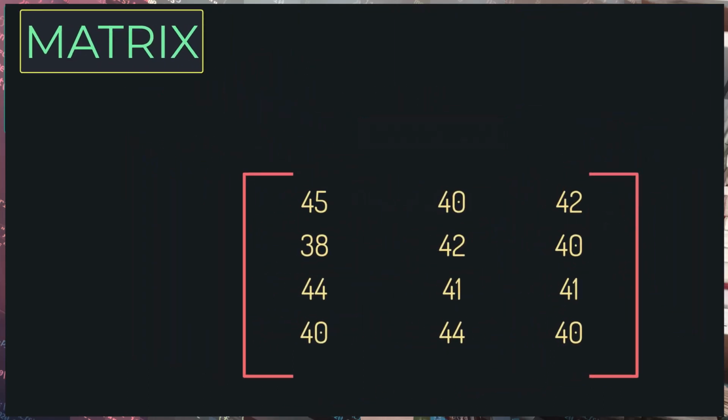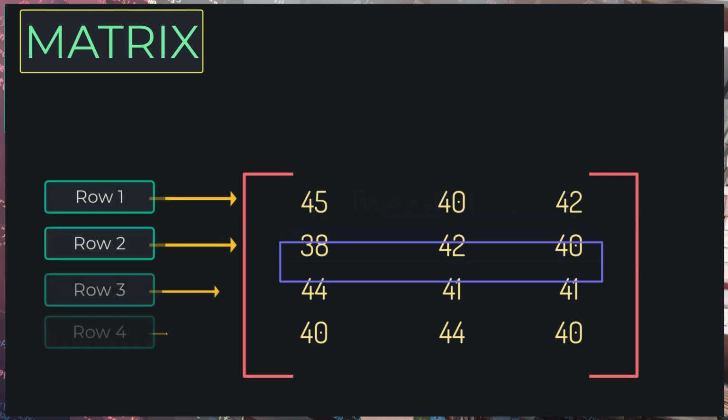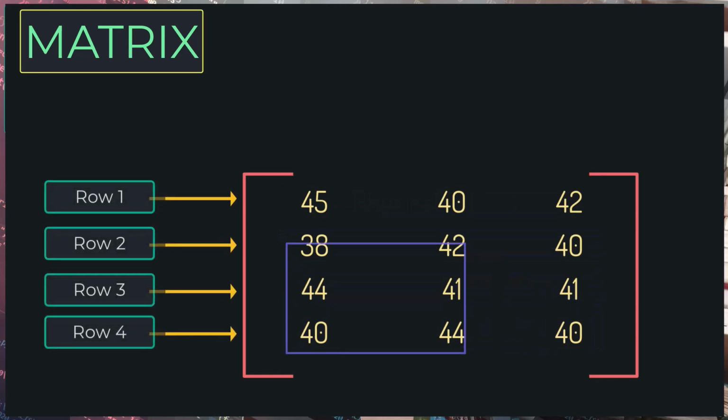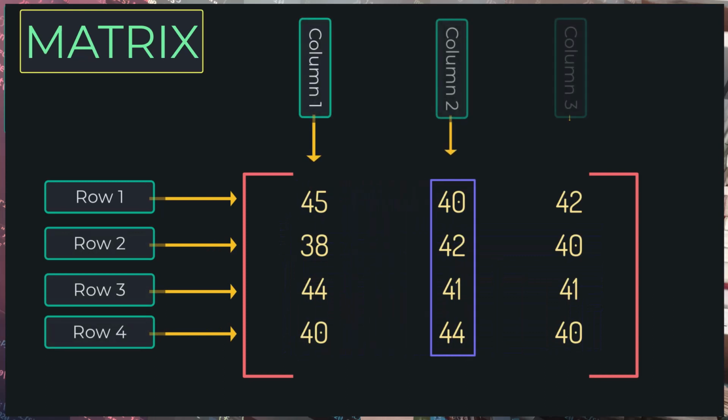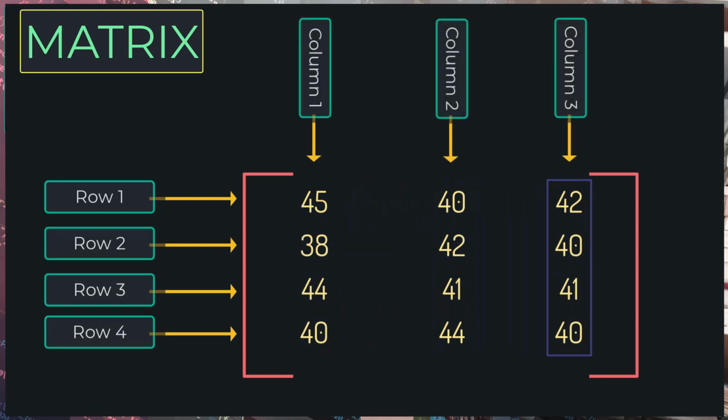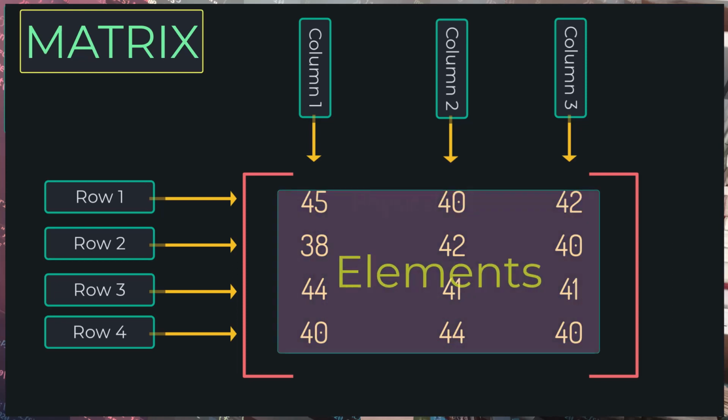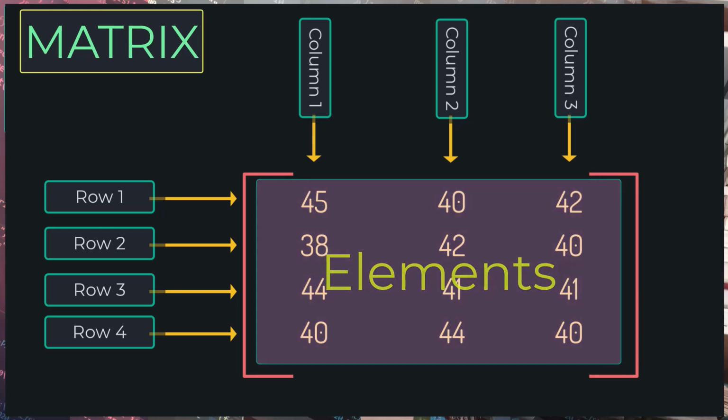In this, each horizontal line is called a row and the vertical line is called a column. Thus, a matrix is a tabular arrangement of numbers or entities arranged into rows and columns. These numbers of a matrix are termed as elements or members of the matrix.